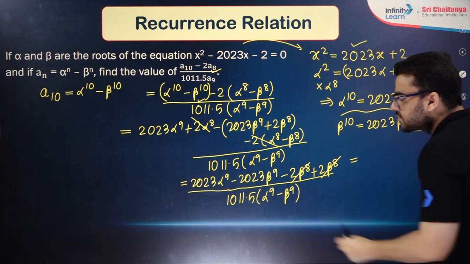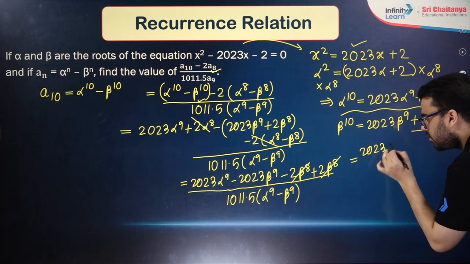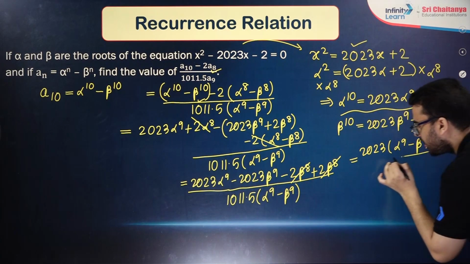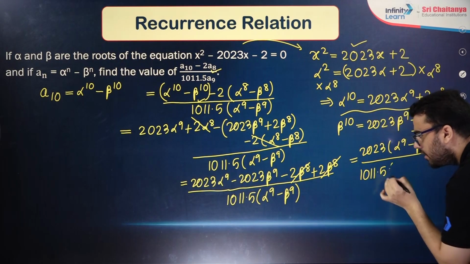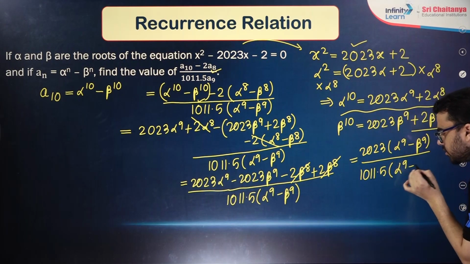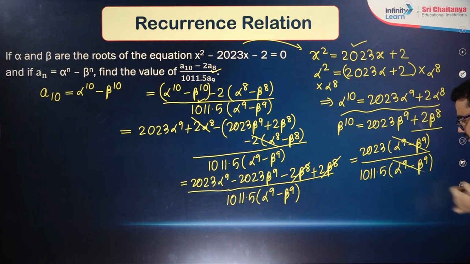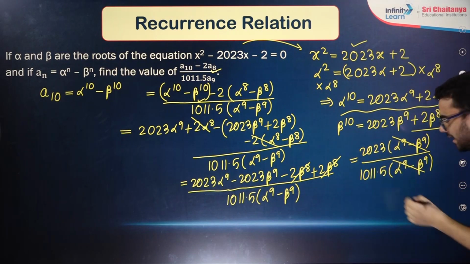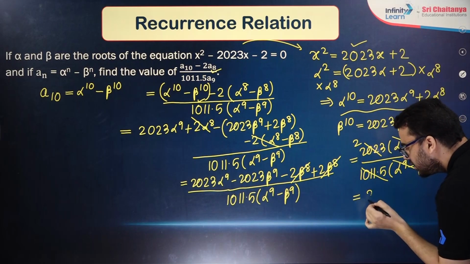From here you can take 2023 as common. You will be left with alpha raised to the power 9 minus beta raised to the power 9, and in the denominator it is 1011.5 multiplied by alpha raised to the power 9 minus beta raised to the power 9. So this will be cancelled out. This is basically twice of it, so 2 is the answer.